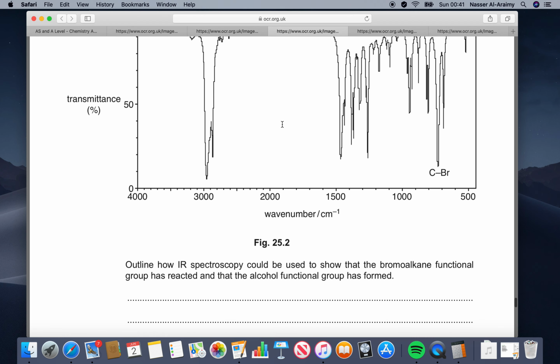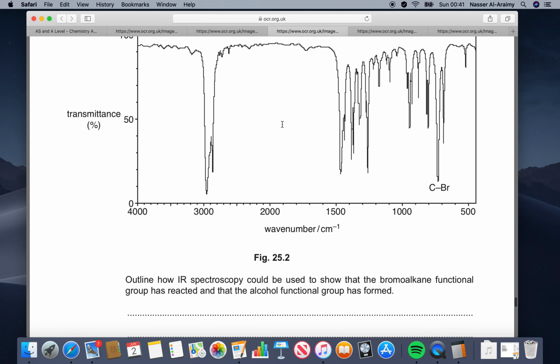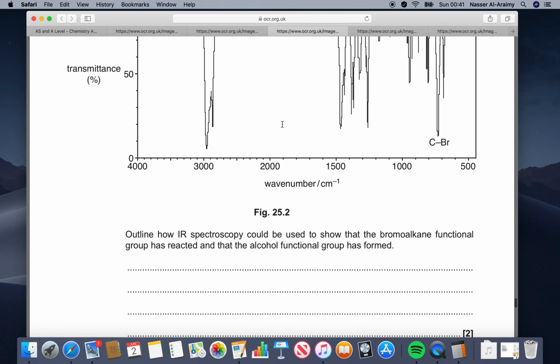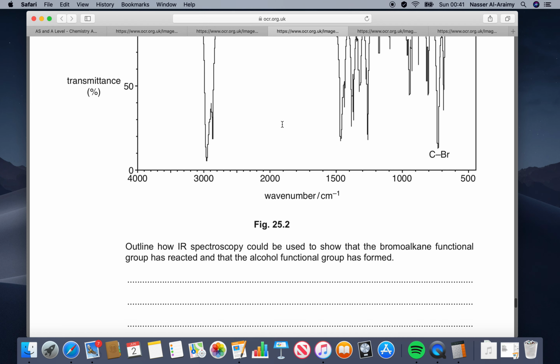The spectroscopy. If there's one type of question I hate, it's spectroscopy.